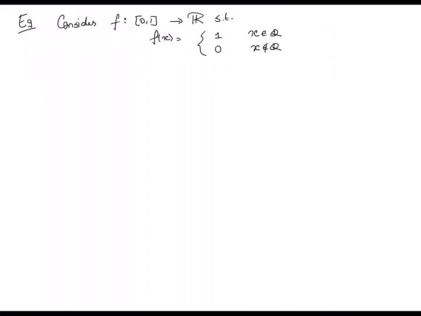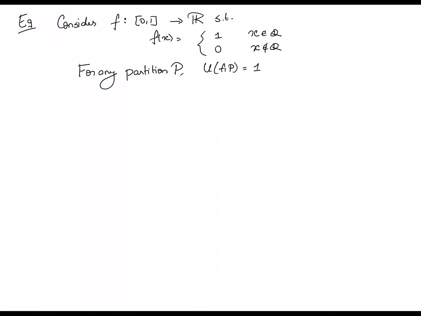Now let us see if this function is in fact integrable. It is not, because for any partition, you give me any partition, that is, break up the interval from 0 to 1 into any collection of subintervals, you will always find that U(f,P) is equal to 1, because in each and every one of those subintervals there is at least one rational, and so the supremum would be 1.